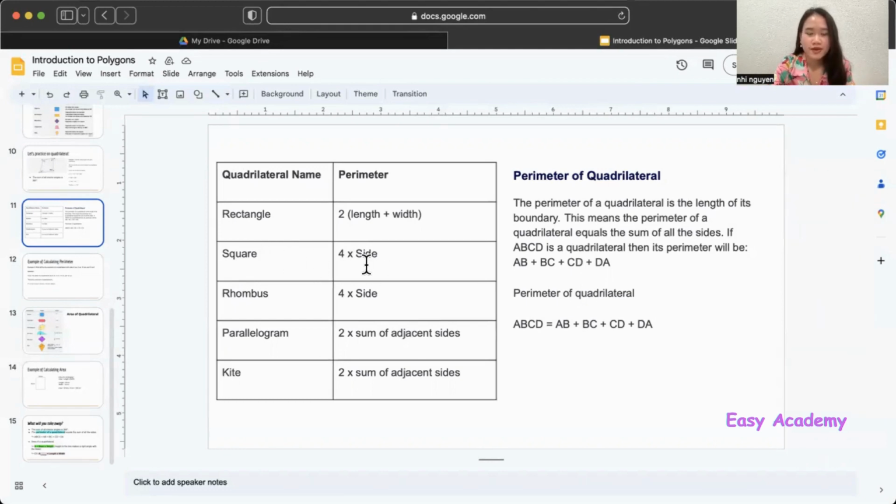Square is equal to 4 times side. Rhombus is the same, 4 times side. Parallelogram is 2 times the sum of adjacent sides. And kite is the same as the parallelogram, 2 times the sum of adjacent sides.